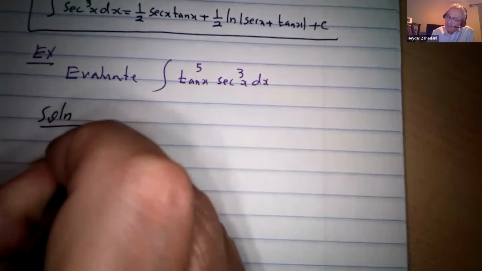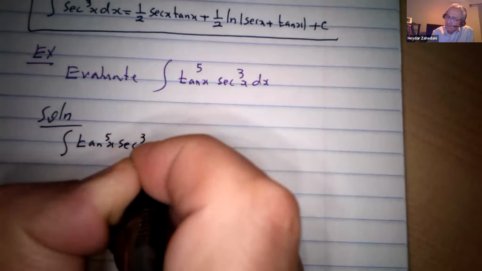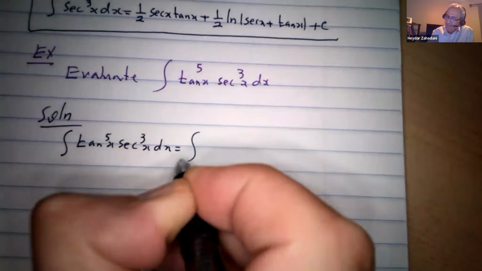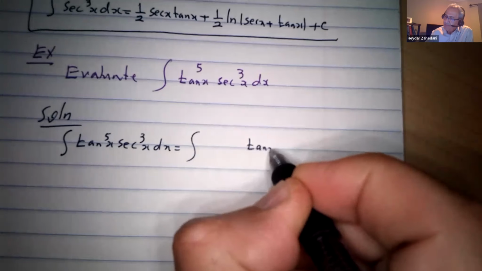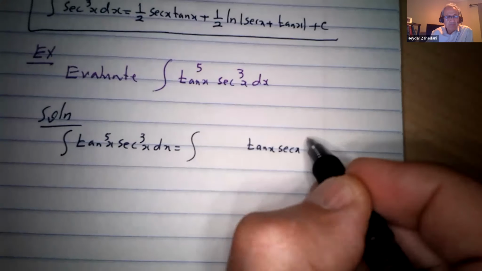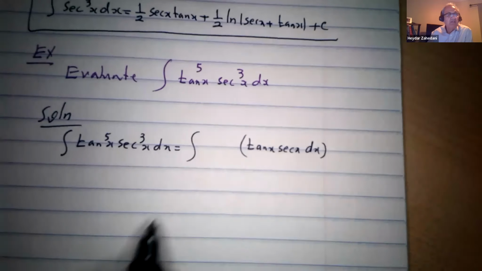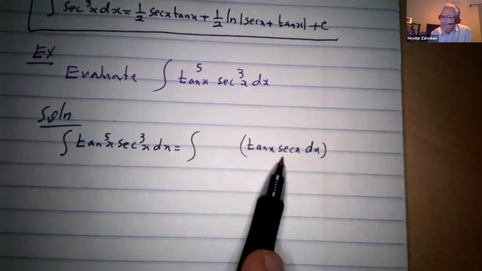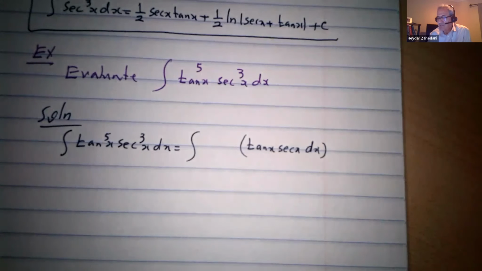So this is the way we are going to do it. This is the given one. Pull out one tangent, one secant, because both of them are odd. And the dx, put them together. So what is this? Secant tangent. You know that secant tangent is the derivative of what? Derivative of secant.